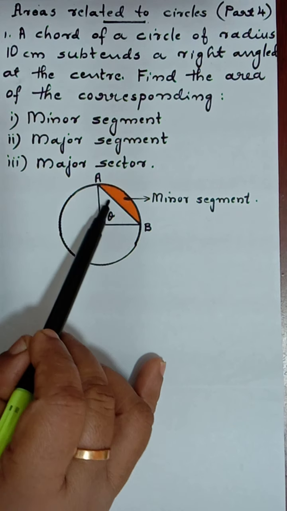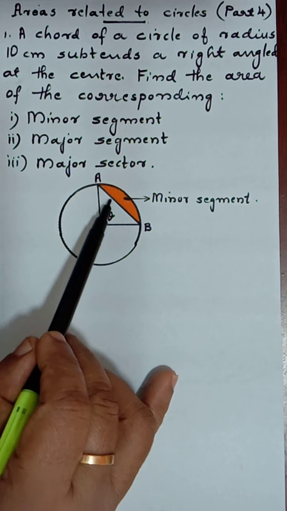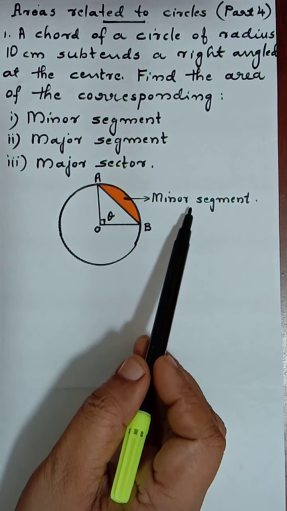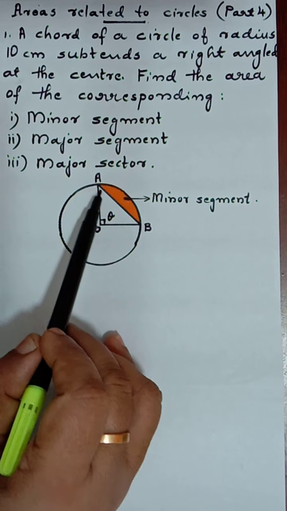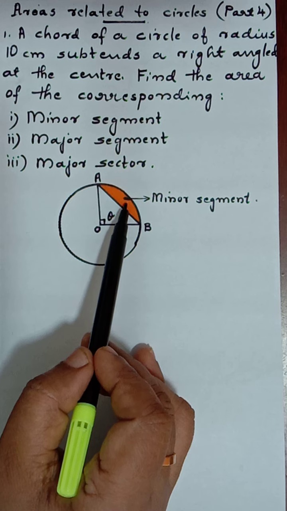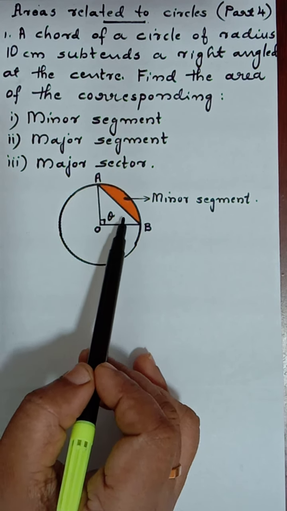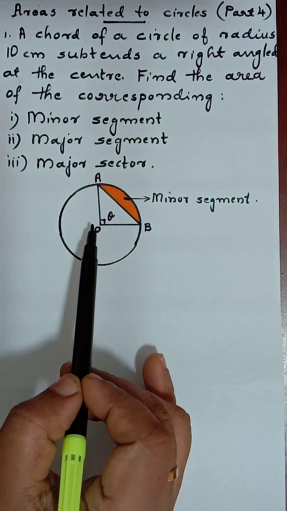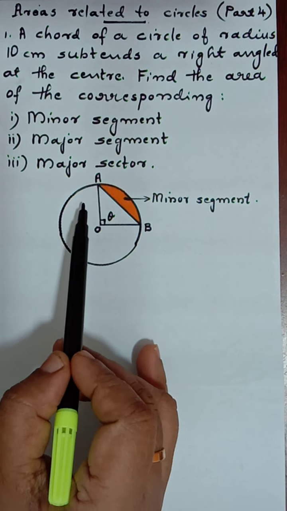This whitish area, it is major segment. And this orange area, that is minor segment. So chord is dividing the circle into minor means smaller segment and major segment. Major means majority of the portion in this area, major segment.